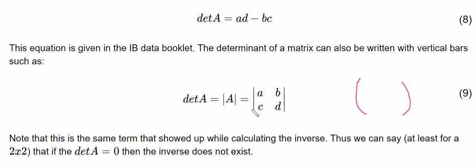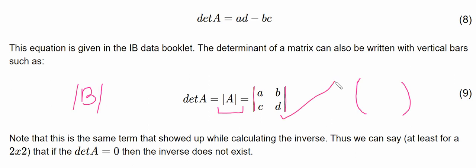But for determinants, you can put vertical bars which are straight, not curved. So the determinant of A would be this. If I say something like this, it would mean the determinant of B, right? So this would be the determinant of A, whatever the answer is.